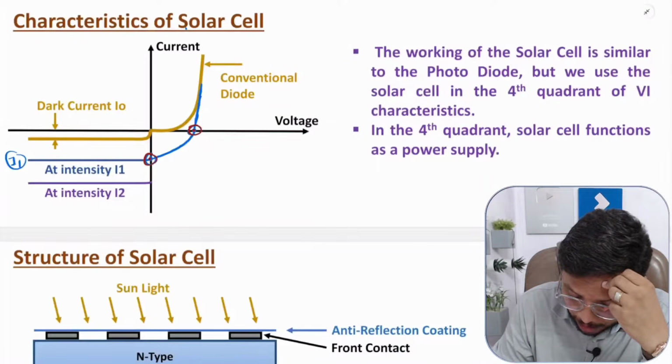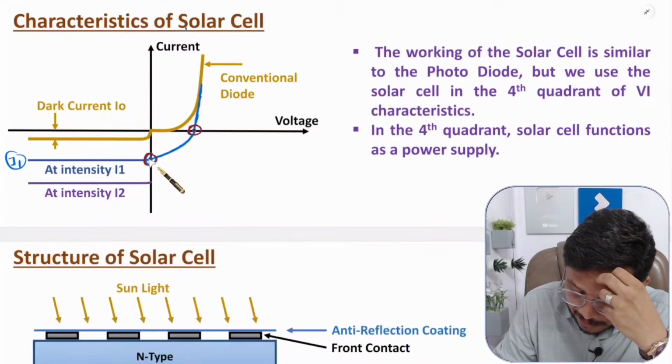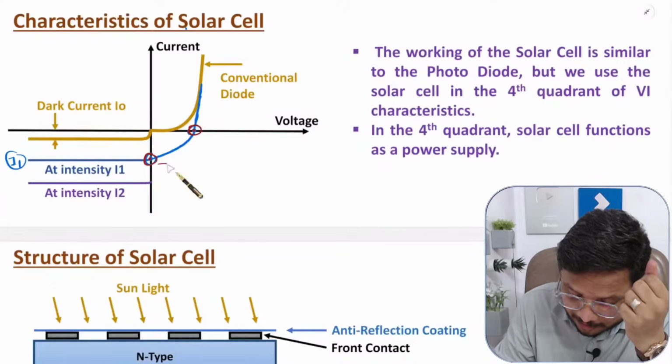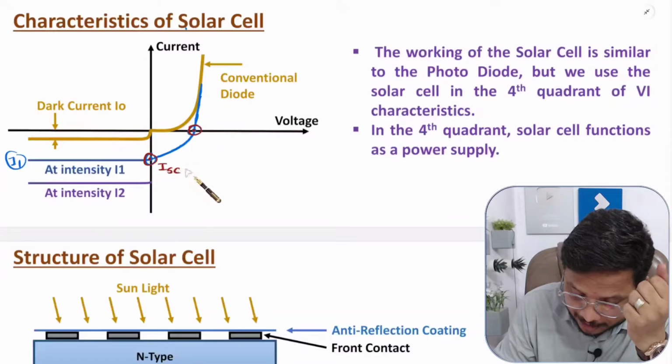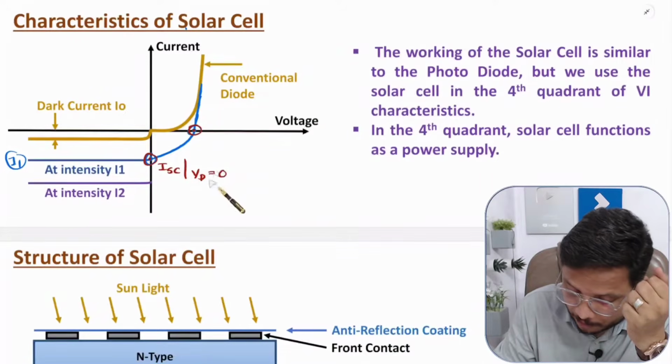At this point, the voltage across the PN junction is 0, and at that time whatever current is passing through that PN junction is the short circuit current, which is referred to as ISC. So at this point the current is ISC, and the voltage across the PN junction, let us say VD, will be 0.